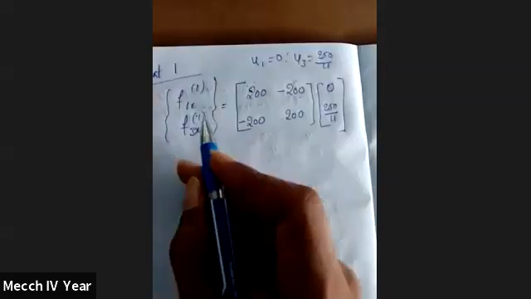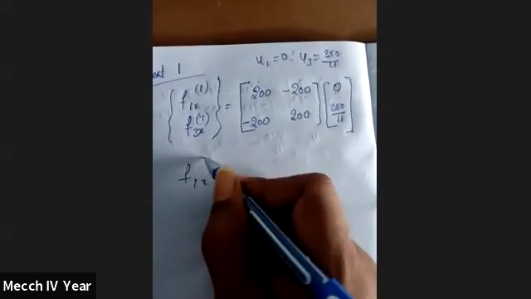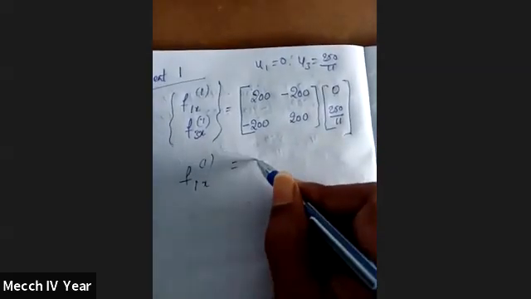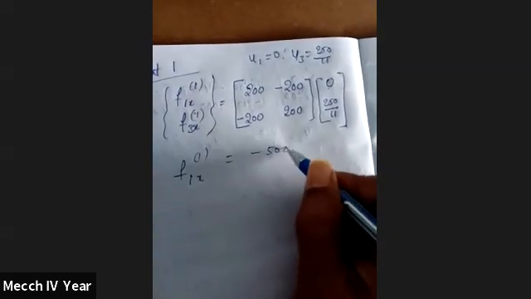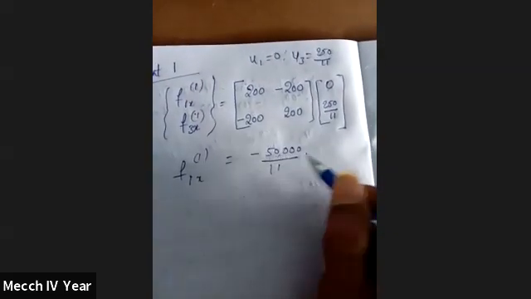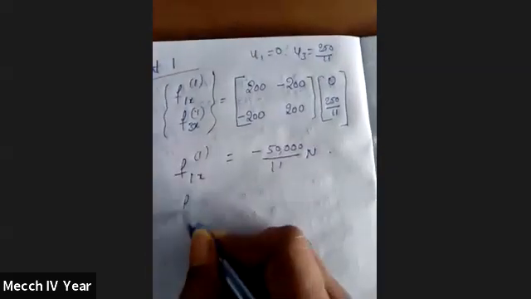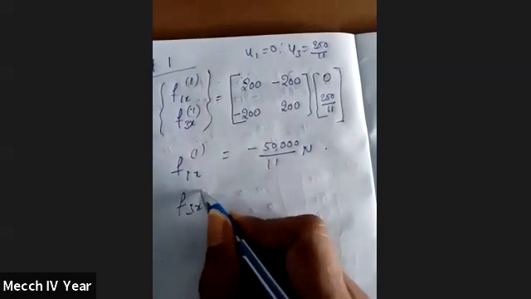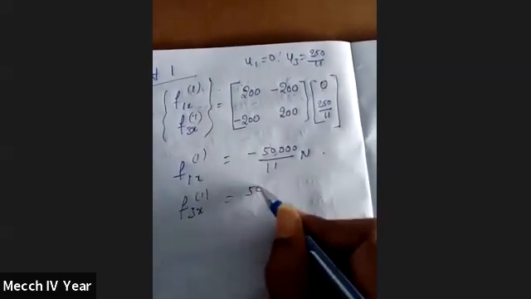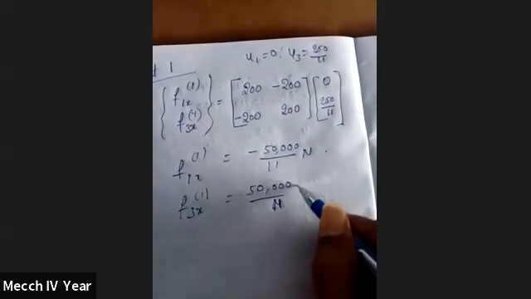Okay, so simplify this. You get F1x, first element, coming from here by 11, 50,000 newtons. And then here we simplify F3x also, we are going to find out 50,000 by 11 newtons.